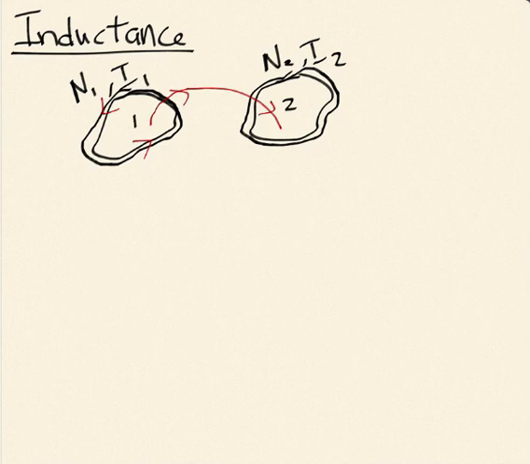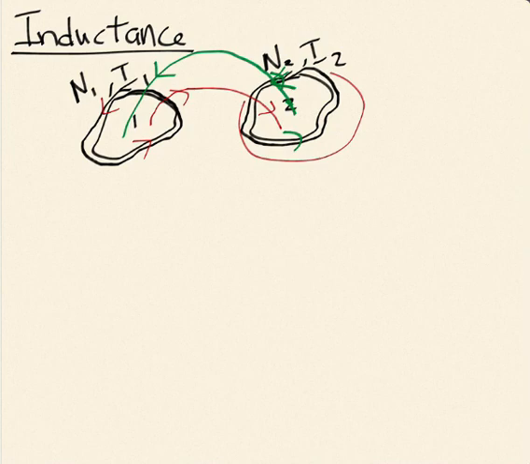That will induce an electric field over here that will affect loop 2. The same is true vice versa. If I have a current flowing in loop 2, that's going to generate fields that come out of loop 2 and go over to loop 1, so the magnetic field created by one will influence the other.